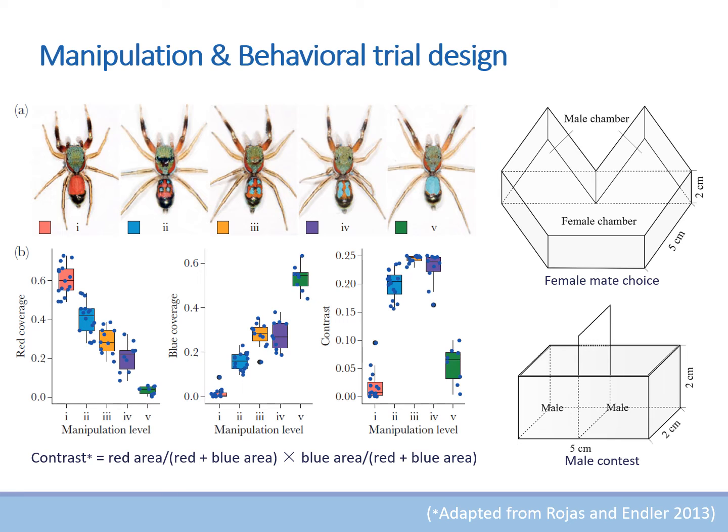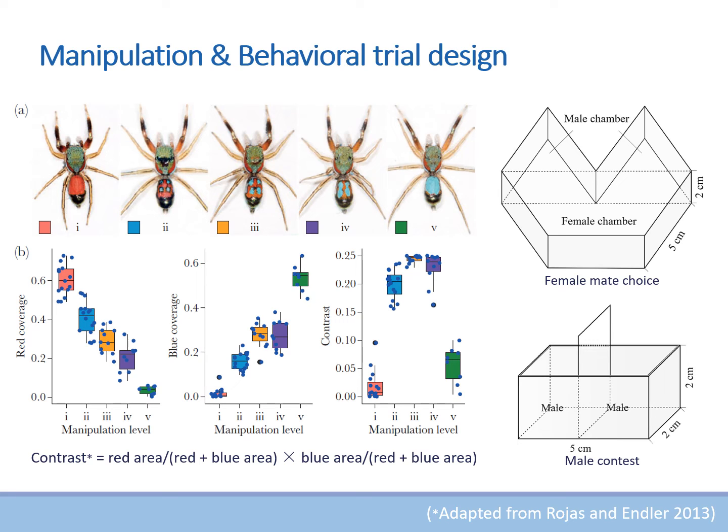Noting the difference between males and females, especially for their red and blue coverage, we manipulated the male spiders with acrylic paint into 5 different groups with different red coverage, blue coverage, and contrast. The contrast value here is an indicator of relative abundance of red and blue. So when the contrast value is big, it means that the red and blue are equally abundant.